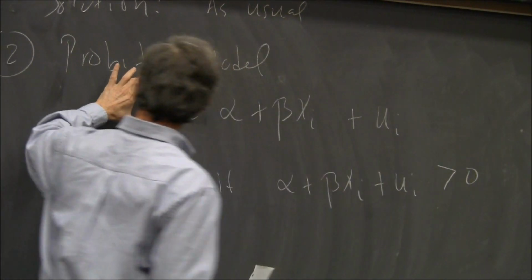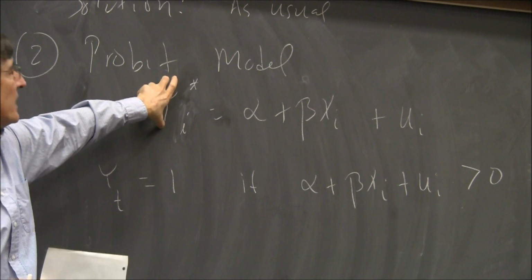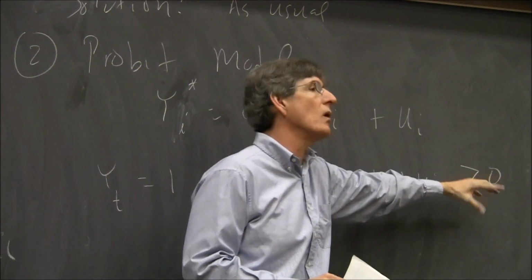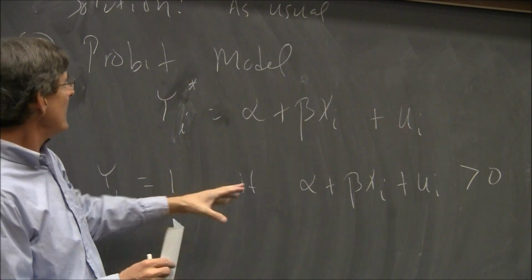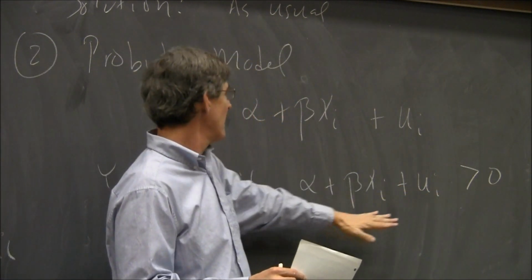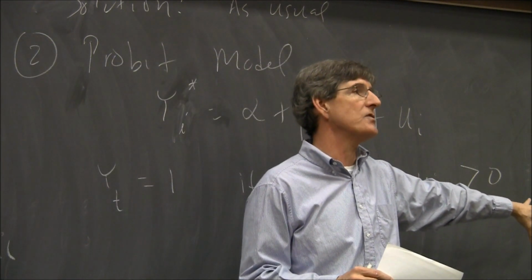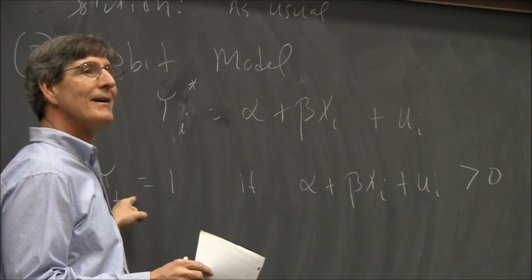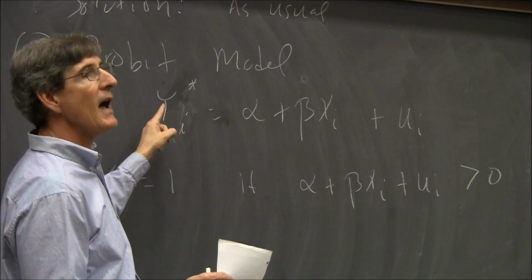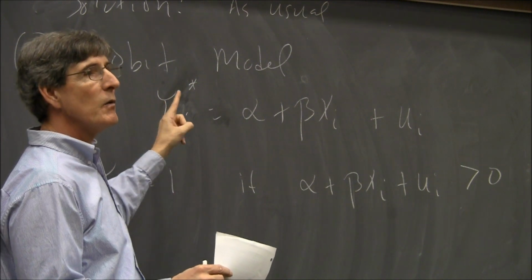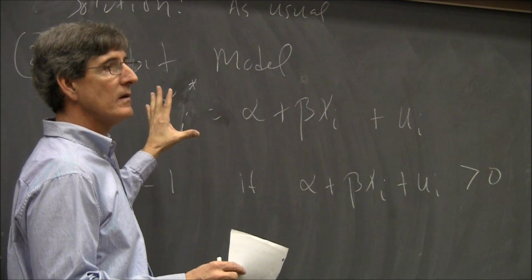Basically, if this thing is greater than 0, this doesn't have to be 0, but you can always renormalize it to be 0. So this might be saying that if you're offered a wage greater than the reservation wage, you take the job. And all we observe is you take the job or not. We don't observe the actual wage offer, which is what we'd like to observe.